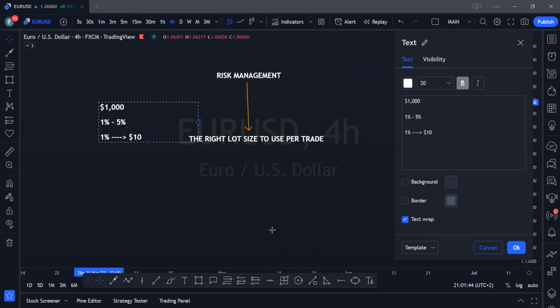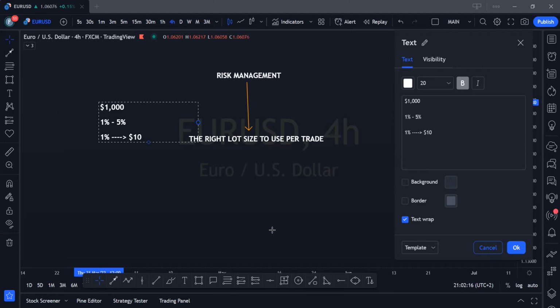Now, let me ask you this sincere question. Is it possible to lose 100 trades consecutively if you have a trade strategy that is okay? It's not possible. So the major reason why people blow accounts is because they do not consider risk.